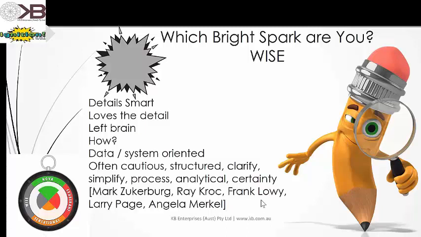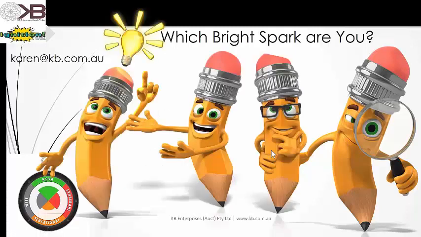So again, taking the whole concept of shopping, bringing it all together under one roof, so simplifying a process for people. Larry Page is with Google. Angela Merkel is a European leader. So all of these people exercise that WISE component. So who are you? Which one do you think you are?